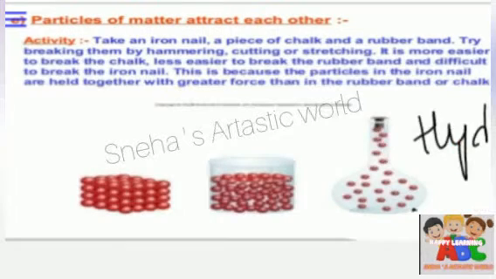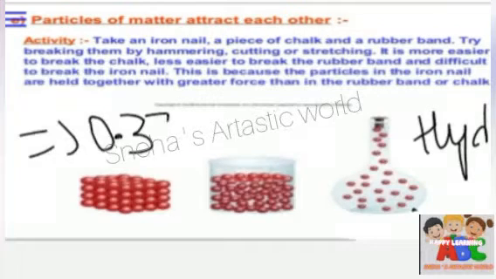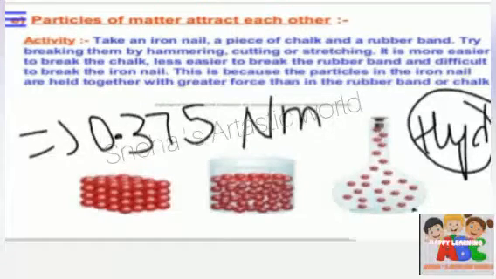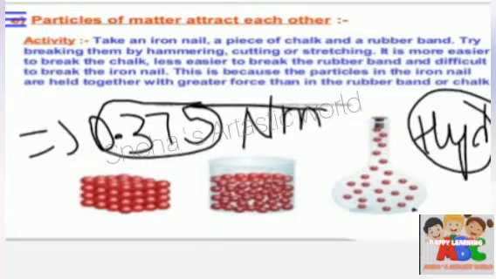Do you know what a nanometer is? 1 nanometer is equal to 10 to the power of minus 9 meter. More information about the nanometer we will learn in the second chapter, Matter Around Us Pure.